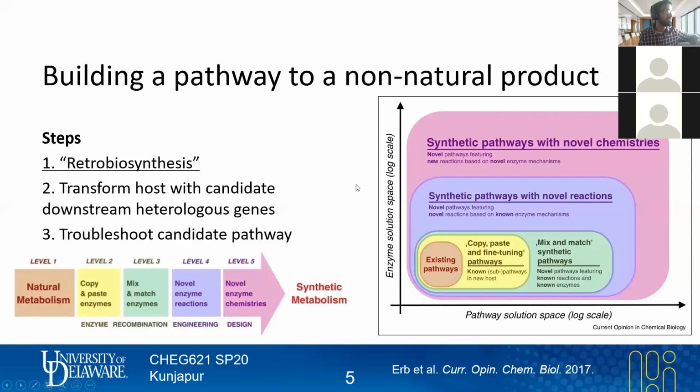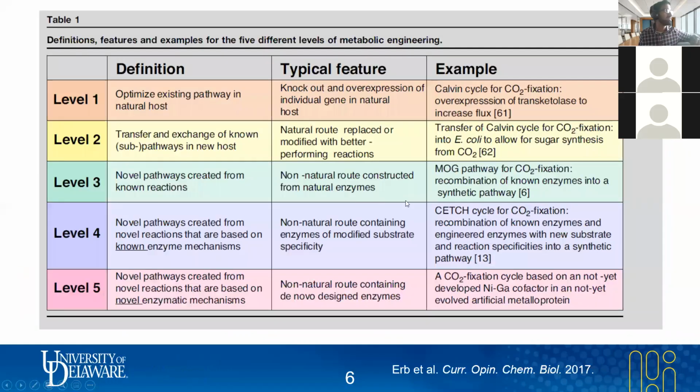So to dive into what retrobiosynthesis is in a little bit more detail, I want to spend a small amount of time thinking about the different examples that relate to the plots that we just saw. If we're in this column here from the same review, there are examples related to CO2 fixation.